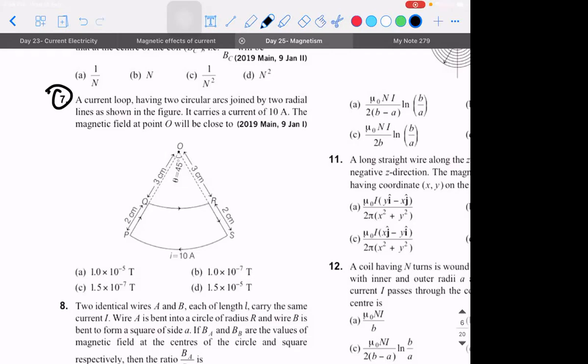It carries a current of 10 ampere. The magnetic field at point O is close to?